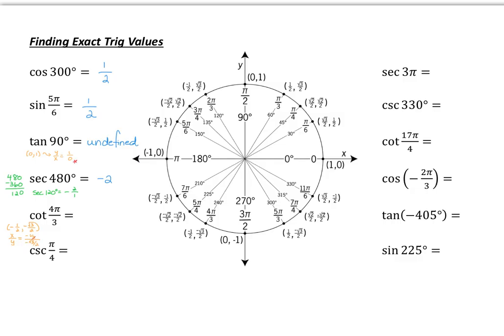The 2's are the same, so I'm going to cancel them. Now I have to simplify the fraction negative 1 over negative radical 3. Negative divided by negative is positive. Rationalize the denominator, so I get positive radical 3 over just 3.